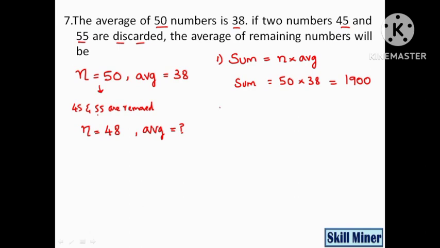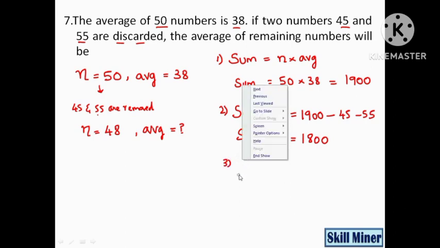Second point is the new sum, which is my old sum minus the removed numbers. 45 is removed, 55 is removed. So my new sum will be 1800.